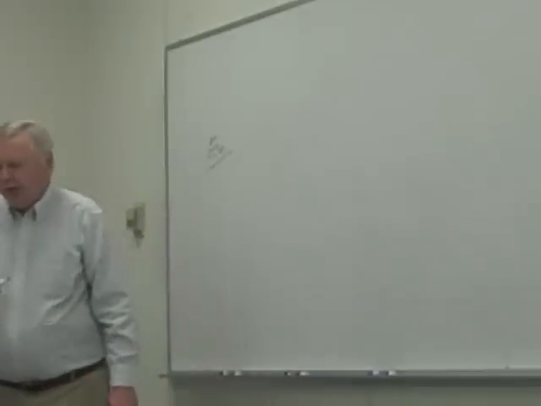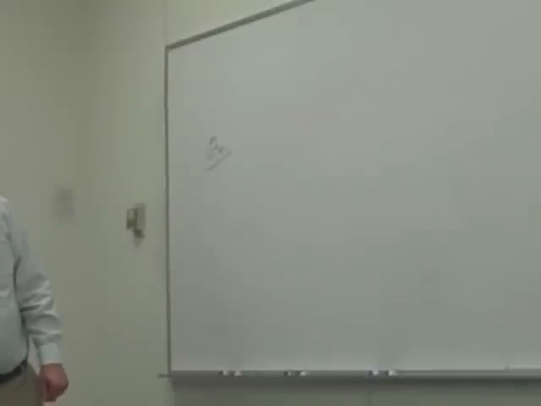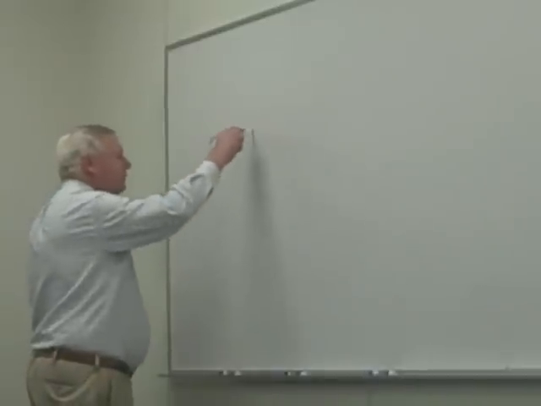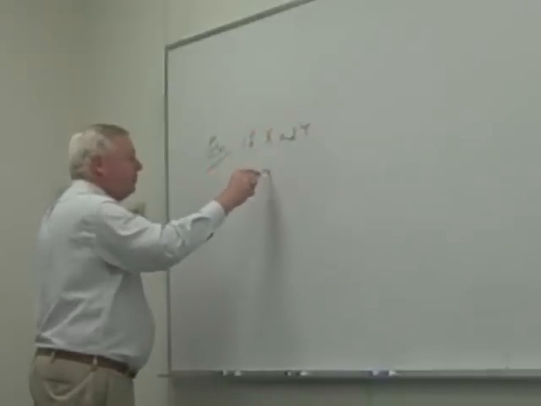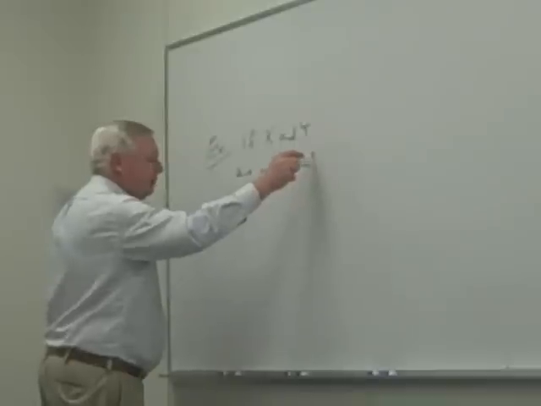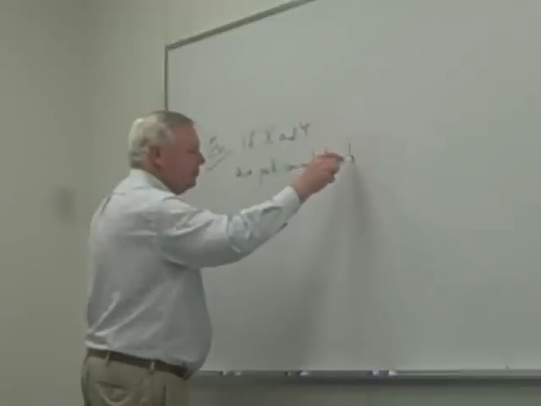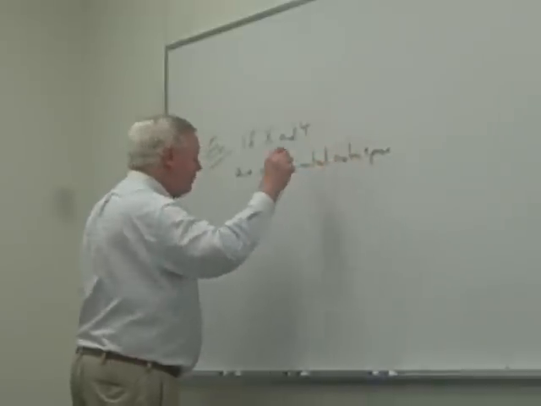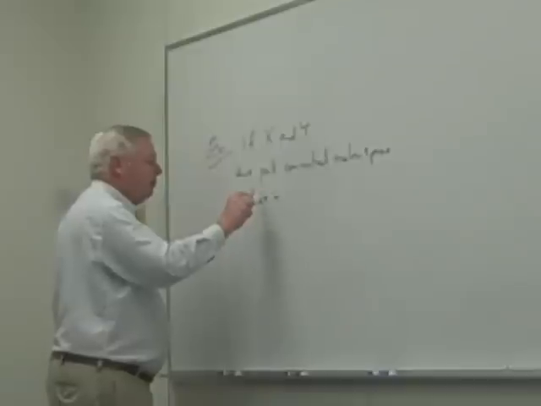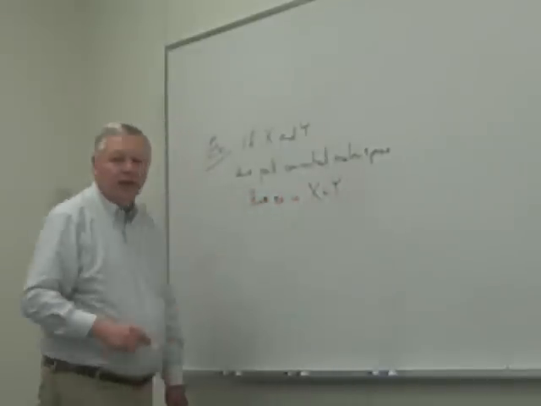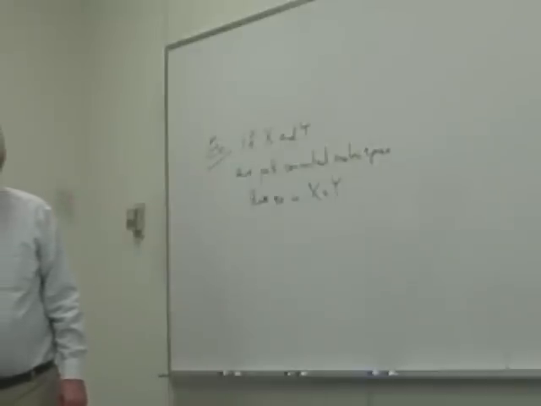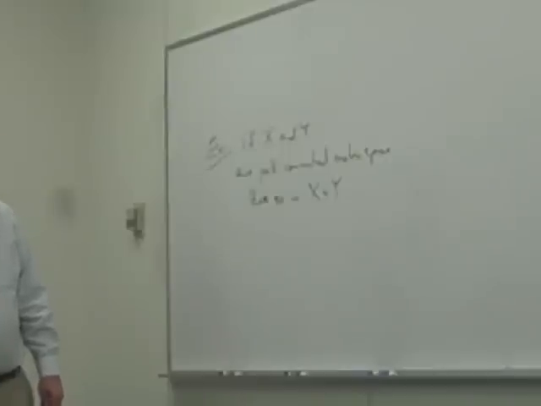Another example, this has to do with path connected. So if X and Y are path connected metric spaces, then so is the Cartesian product X cross Y. So we just have to show that there's a path joining any 2 points in the Cartesian product.